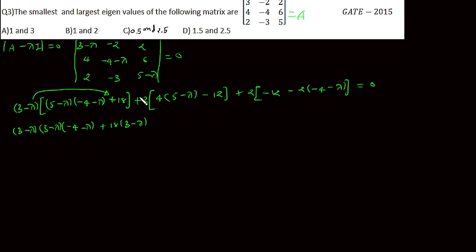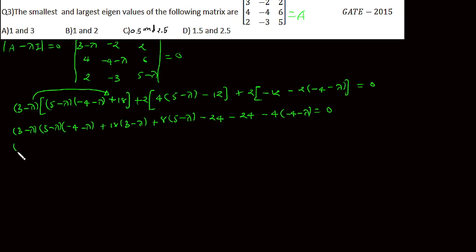Let's multiply this 2 with the whole bracket, so 8 into 5 minus lambda minus 24. Let's do the same thing with this bracket, so here again minus 24. Here minus 4 into minus 4 minus lambda equal to 0.